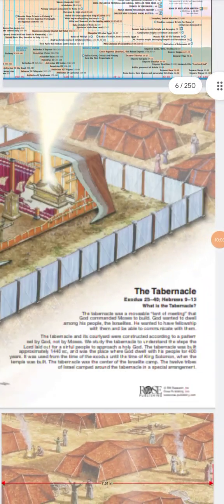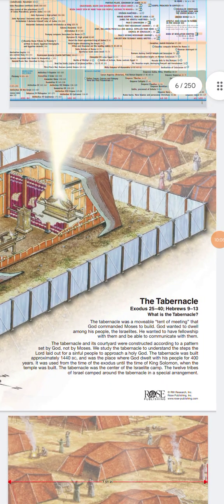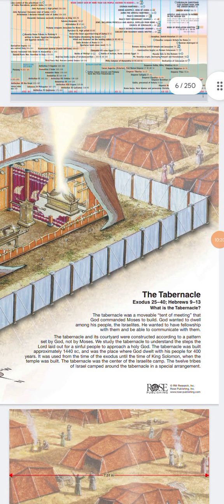So right here in the Rose book, it says the tabernacle, Exodus 25 through 40, like I just mentioned, chapter 25. It says Hebrews chapter 9 through chapter 13. What is the tabernacle? The tabernacle was a movable tent, because we didn't move a lot until we got to the promised land.